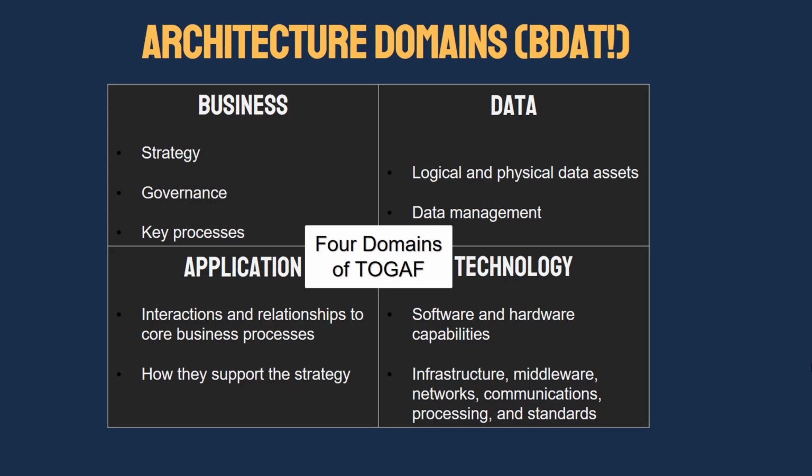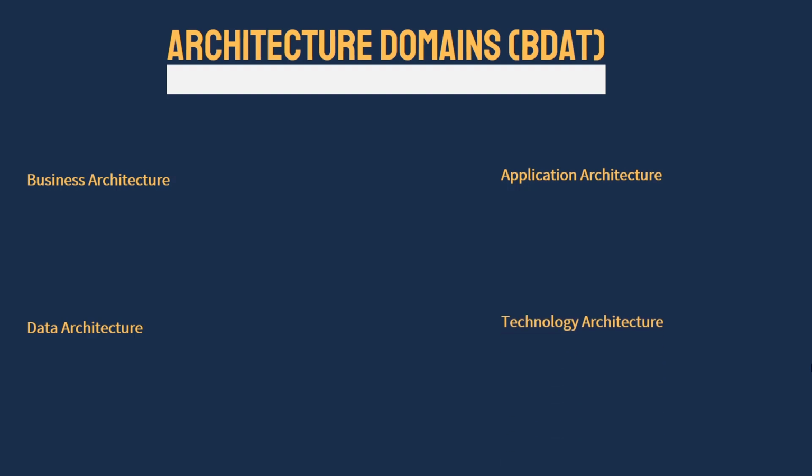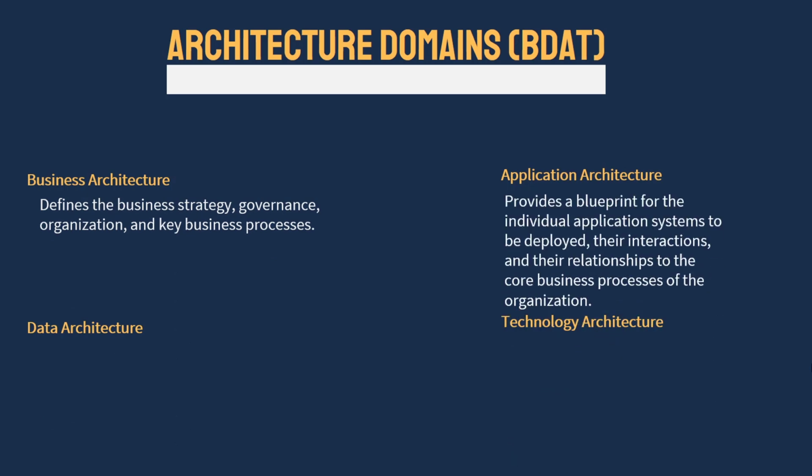Let's explain it once again in a fresh manner. Business architecture, application architecture, data architecture, technology architecture. Business architecture defines the business strategy, governance, organization, and the key business processes. Application architecture provides a blueprint for the individual application systems to be deployed, their interaction and their relationship to the core business processes of the organization.